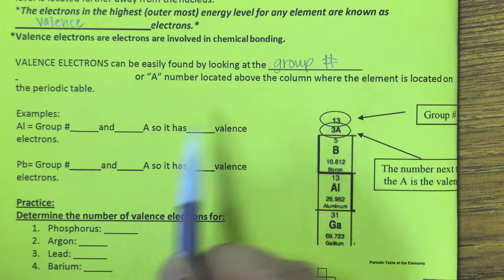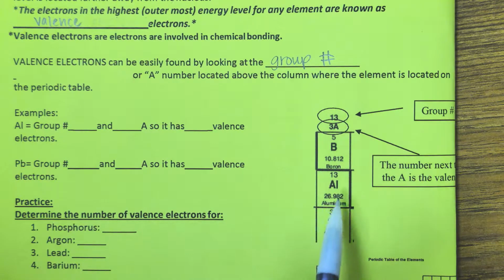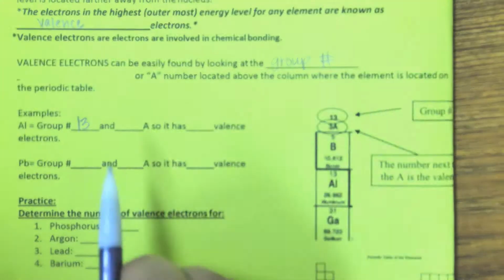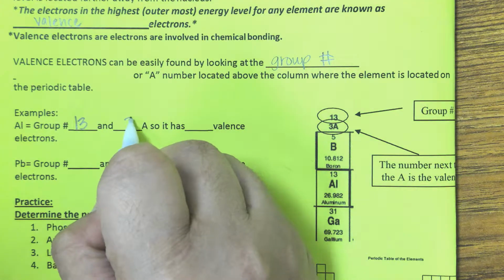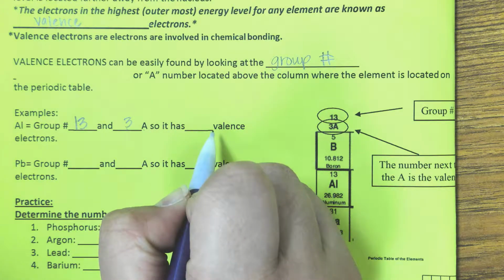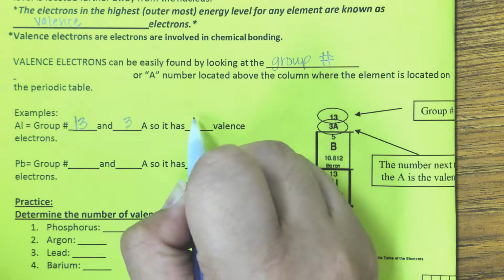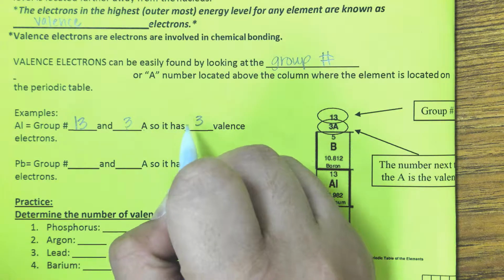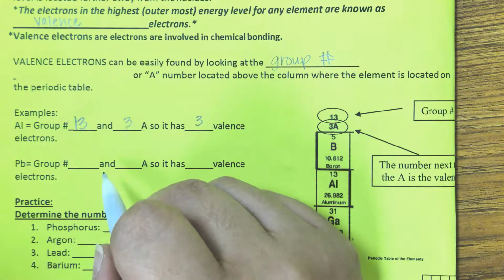If we look at aluminum, it's in group 13, and it's also in group 3A. So how many valence electrons does it have? Well, 3, because remember, the number in front of the A tells you how many valence electrons you have.